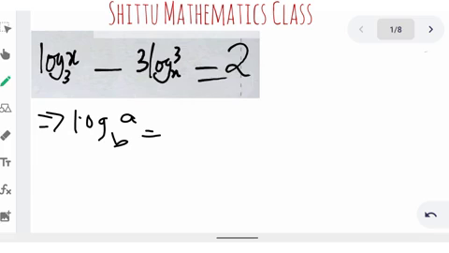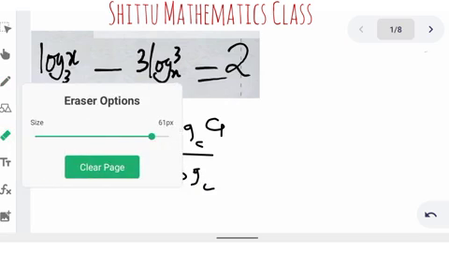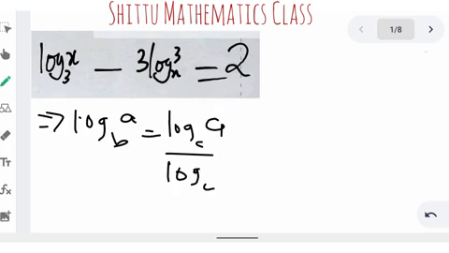So therefore we are going to have log a to base c divided by log b to base c. So you can see that the b that was the base here later changed to log b.